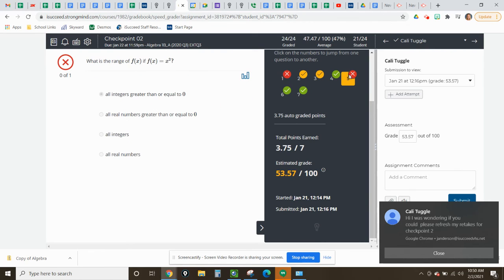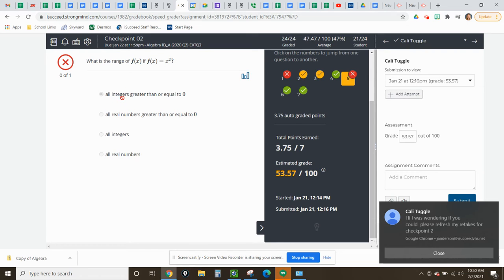Let's look at this other one that you missed. What is the range of f of x if f of x equals x squared? Another squared here. Range means what comes out. What are the output values? You chose all integers greater than or equal to 0. I like the greater than or equal to 0 part because of the squared. No matter what I put in, it's going to come out squared. But the problem here is it doesn't have to be integers.